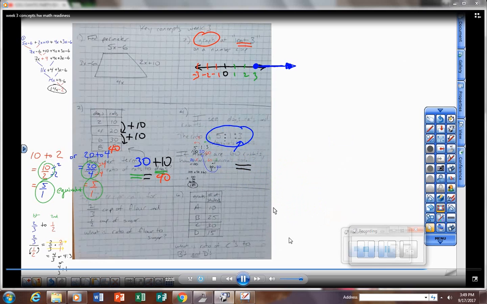Alright, last one. Has you find the ratio of C's to B's and D's. So C's, that means you're going to find that C number in the table and you're going to divide it by the sum of the B numbers and the D numbers. So for this, I'm going to take my C number, 30, I'm going to put that on top. That's compared to, there's the fraction line, the number of B's and D's added up. So 30 divided by that B and D gives me 30 over 25 plus 15.